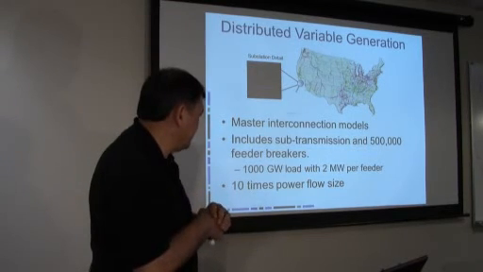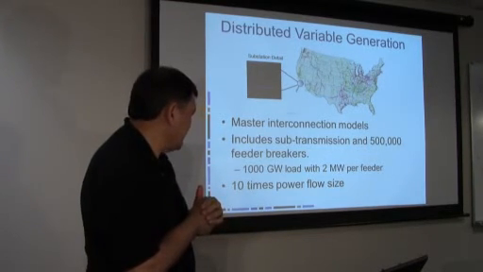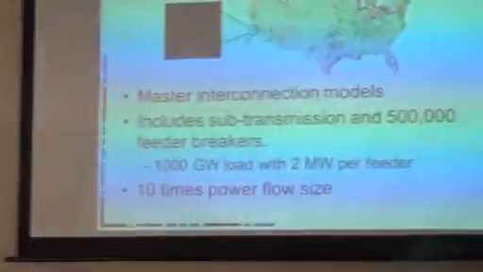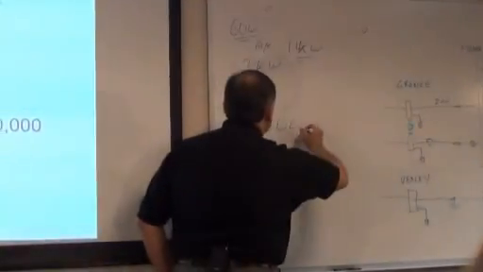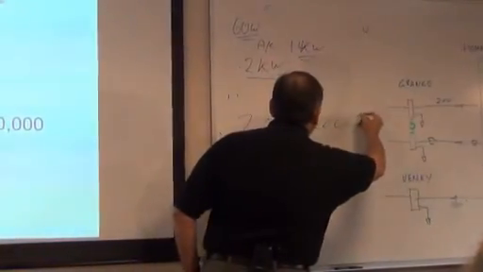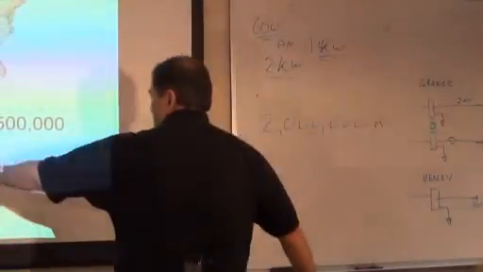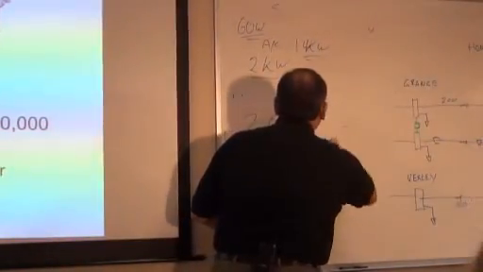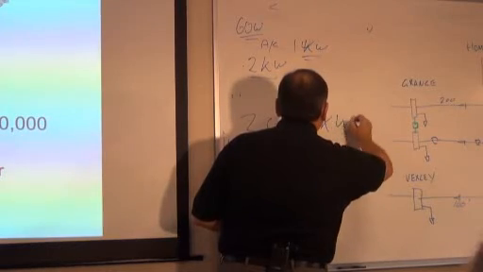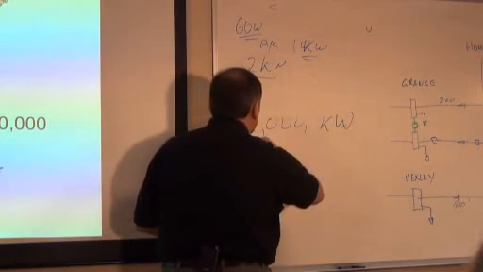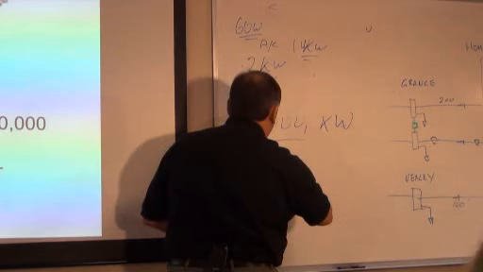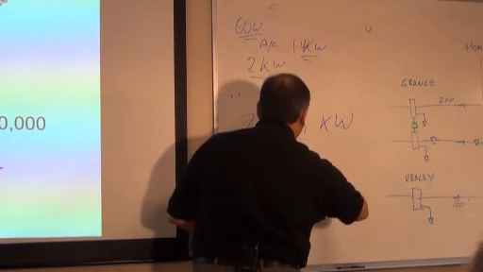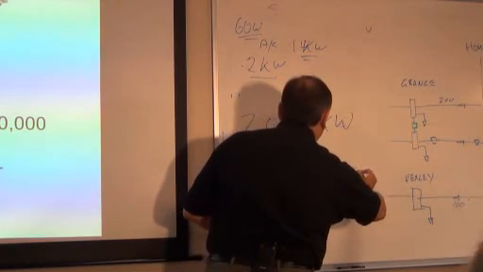I'll let you all figure that out. Well, let's do it. 2 megawatts per feeder is 2,000 kilowatts. With 3 kilowatts per customer, we divide that by 3, and we get 666 customers per feeder.